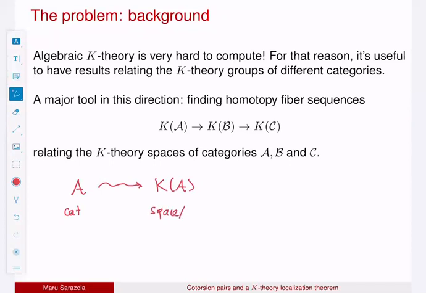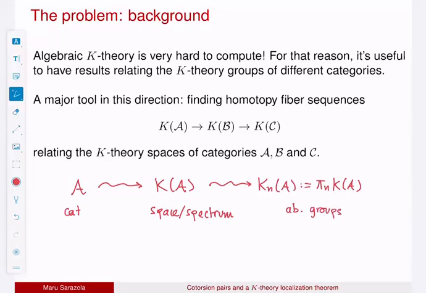Or if you are more stably inclined, let's say the K-theory spectrum. And from this topological space, or from this spectrum, we obtain the K-theory groups, which we just define as pi n of this space, right? So here we live on the land of abelian groups.